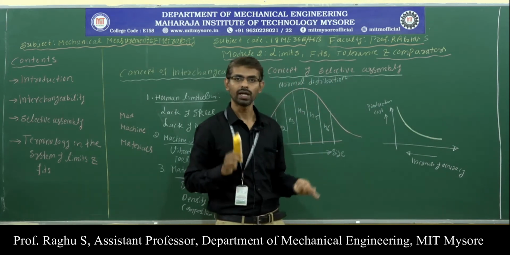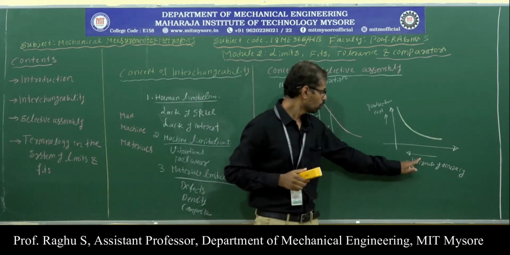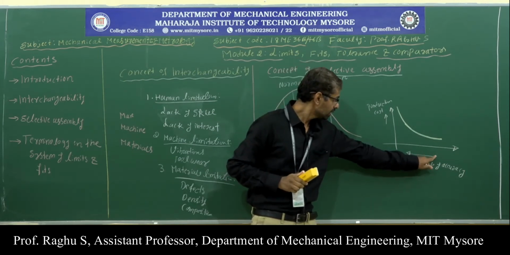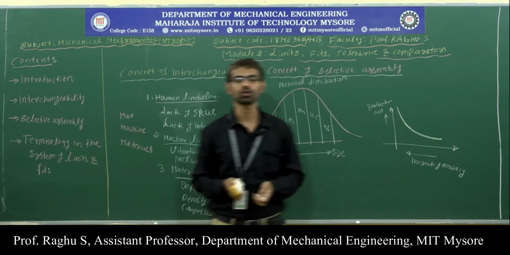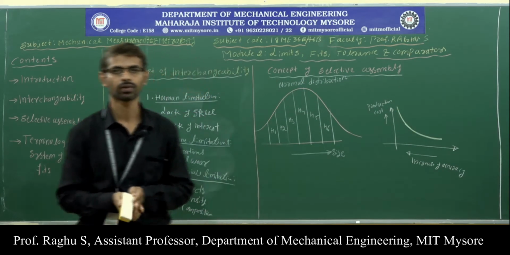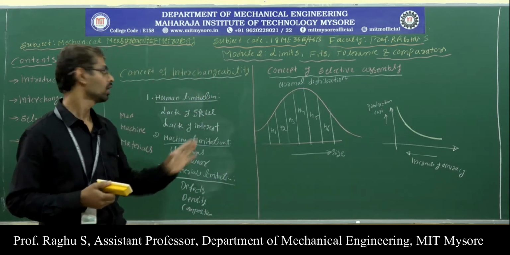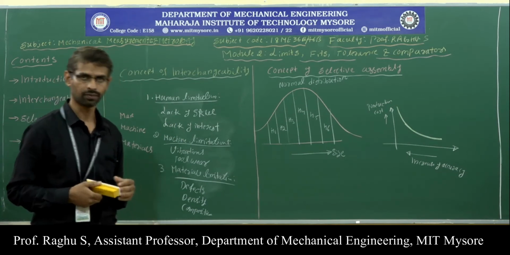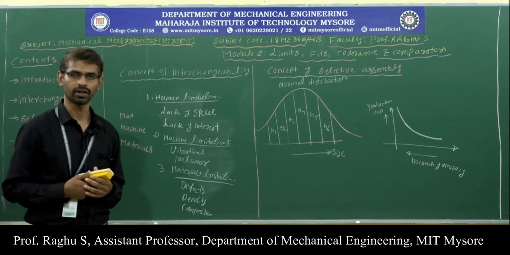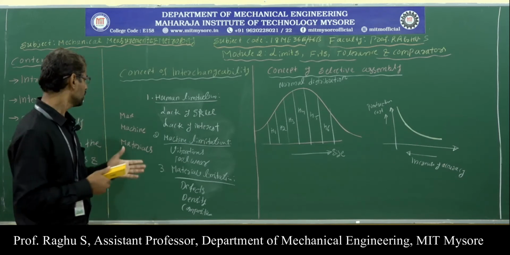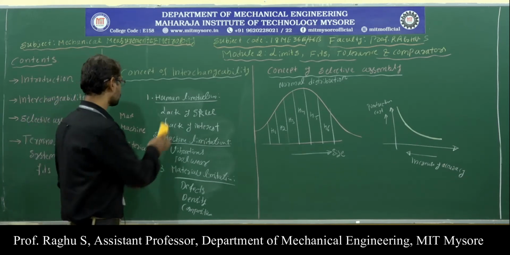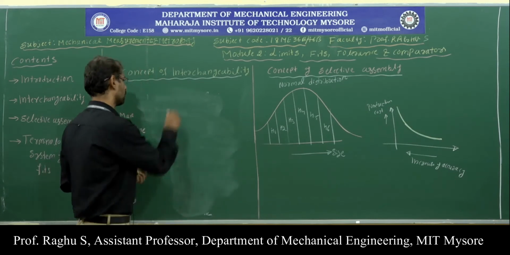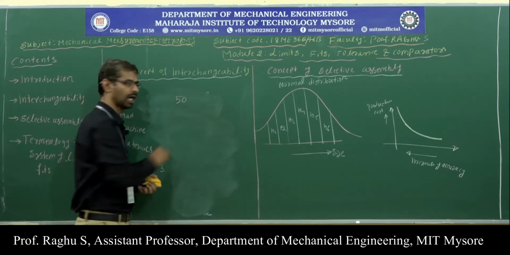If attempts are made to produce a component to exact size, that means increasing accuracy, the production cost will increase. Hence some allowable variations of size are given. That is called tolerance. For example, consider a shaft of 50 mm dimension.